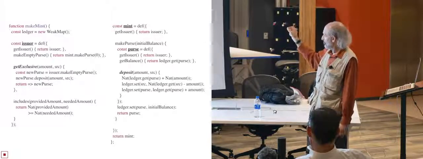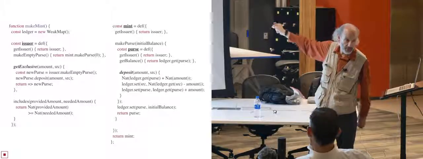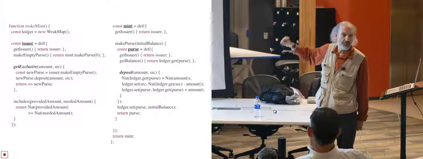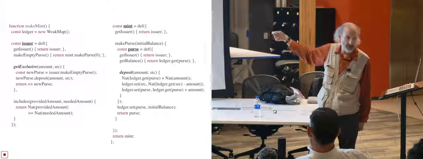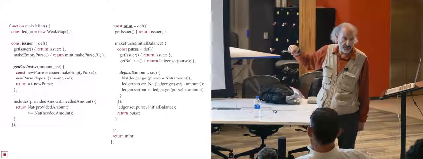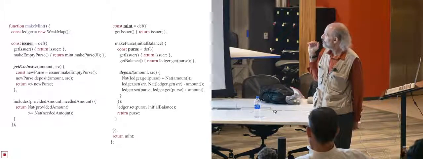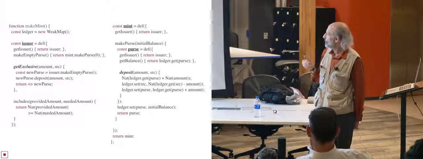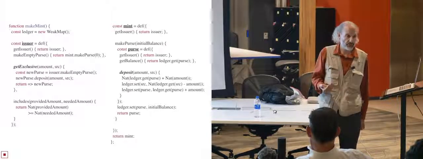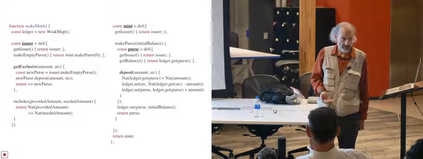If the lookup succeeds and you have a balance, then you subtract amount from it. You already know amount is a natural number. If the result is not a natural number, then you're overdrawn and you get another exception. Okay. At that point, you've done all of the checks that might fail.